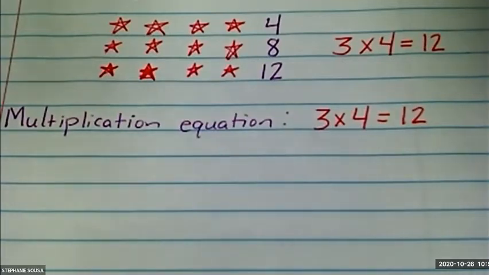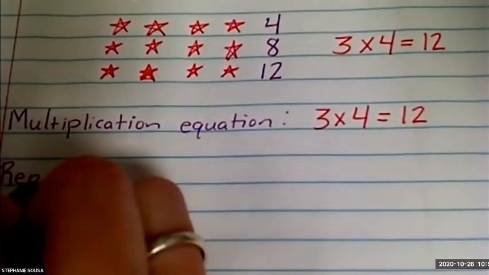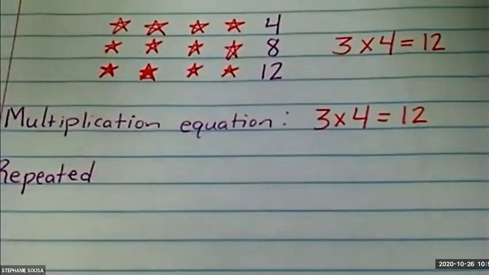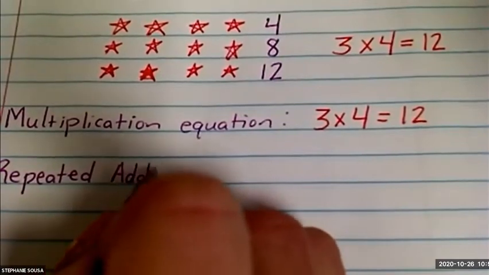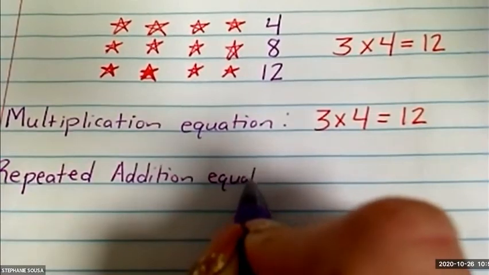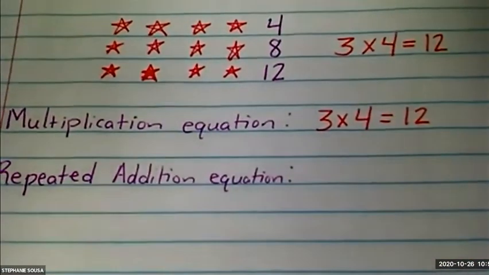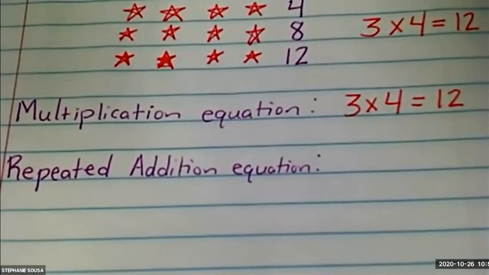We also said that this was repeated addition. So now we're going to write down the repeated addition sentence that also matches this picture. Repeated addition equation. And you guessed it, repeated addition equations are going to have addition symbols repeated over and over with the equal sign.